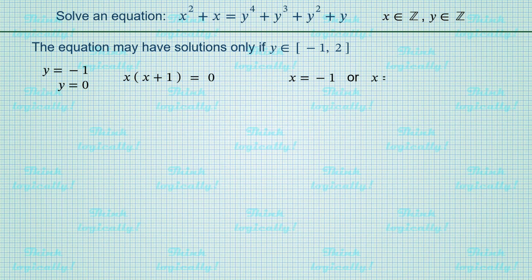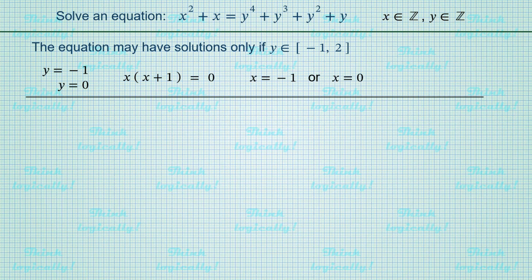In this case, x is either -1 or 0. Assuming y equal to 1, we get 4 on the right-hand side. Number 4 cannot be represented as a product of two consecutive integers. Therefore, there are no solutions for y equals 1.